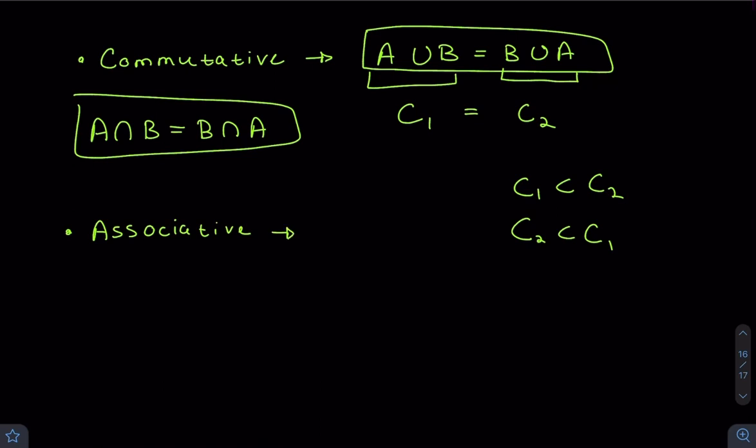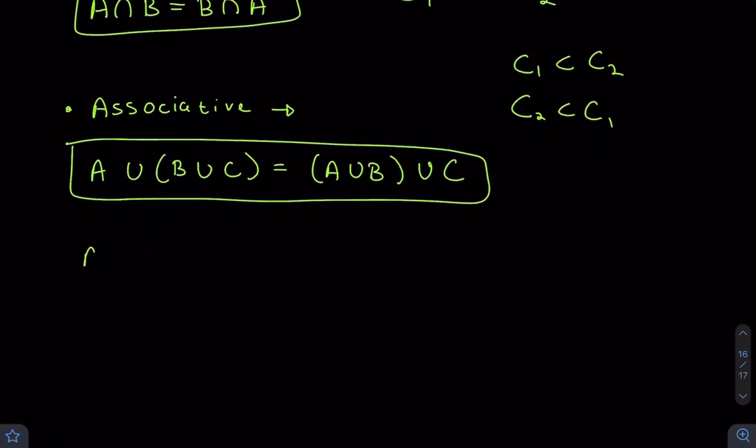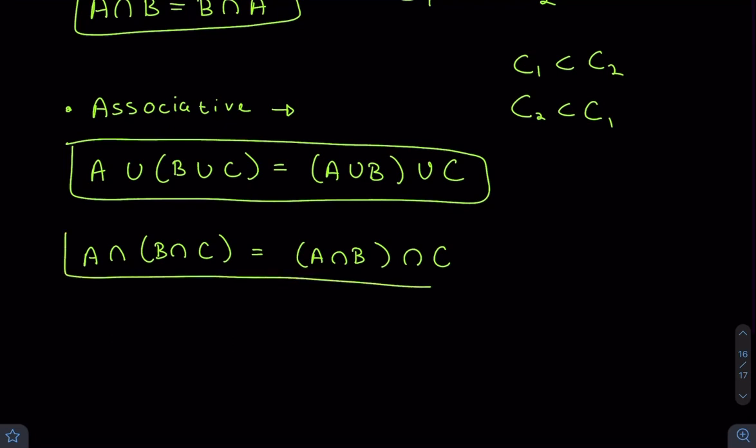So if we had three sets, A, B, and C, then taking the union between B and C first and then taking the union of A is going to give us the same set as taking the union between A and B first and then taking the union of C. And this is also true for the intersection operation.